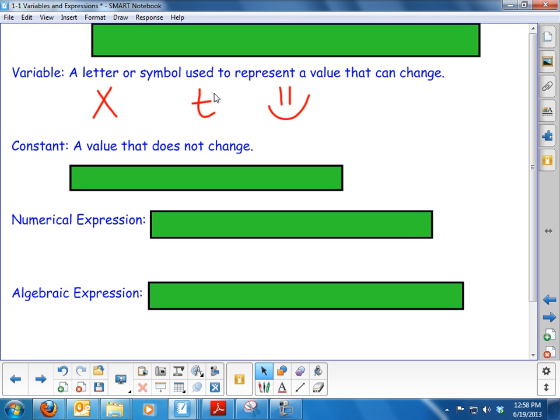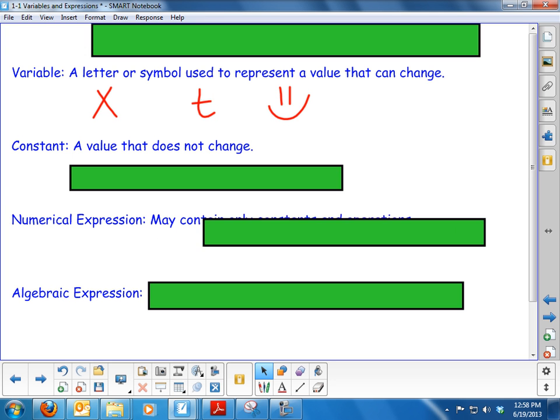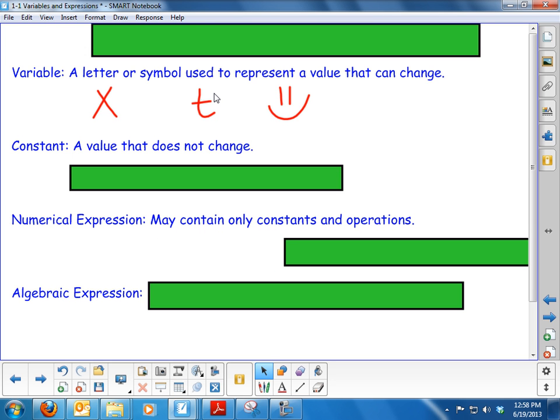A numerical expression. Now we have two different things here, numerical expressions and algebraic expressions. A numerical expression is an expression that may contain only constants. Those are things that cannot change, values that don't change, so numbers, and operations.